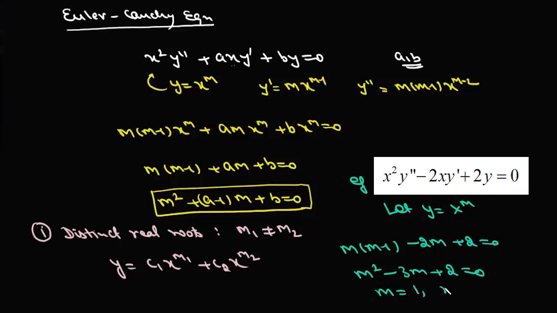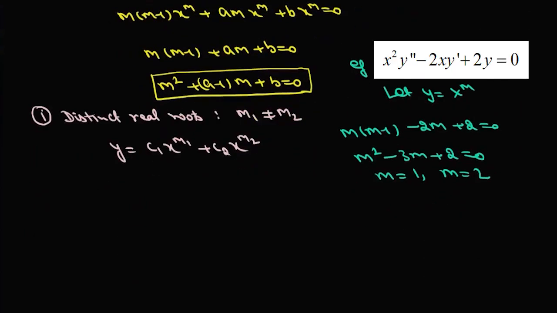Either the value of m is 1 or the value of m is 2. Now since we have two distinct roots, we can write its general solution as y equals c1 x plus c2 x squared. So that's our first case.